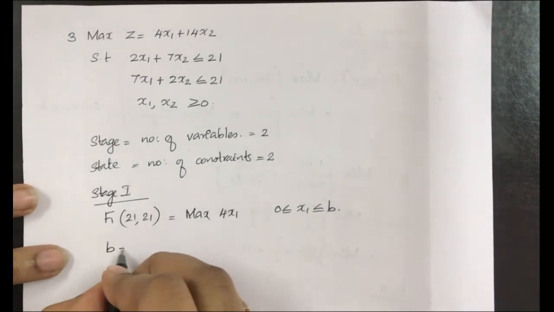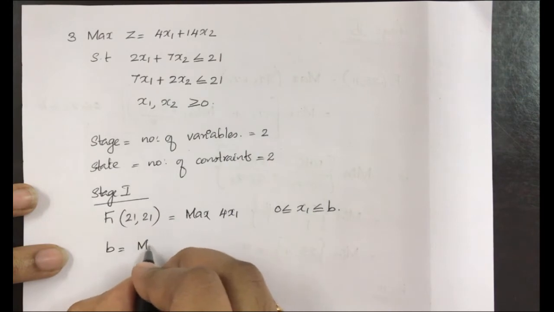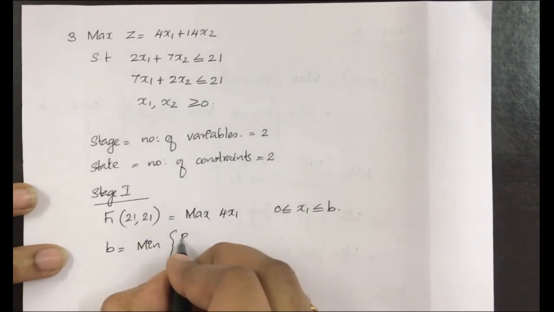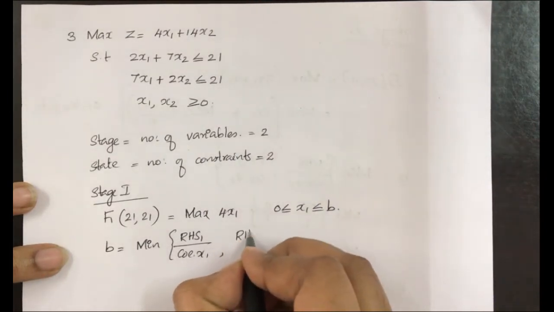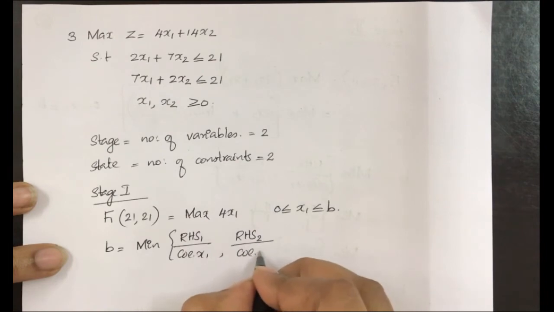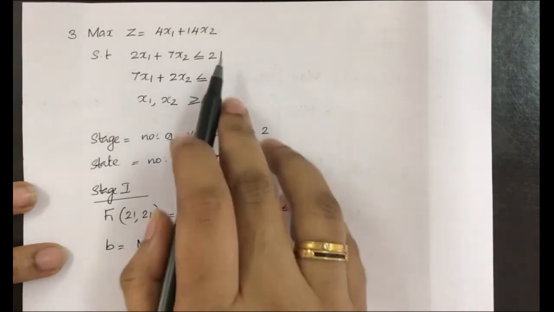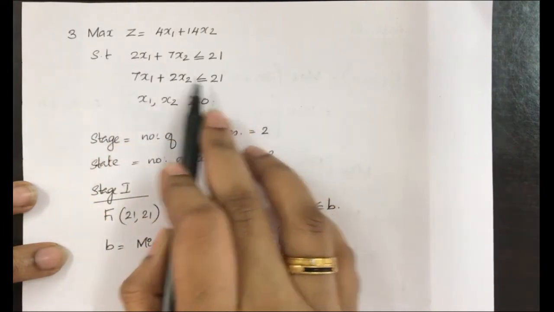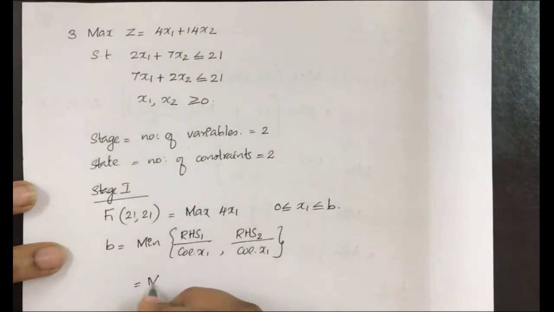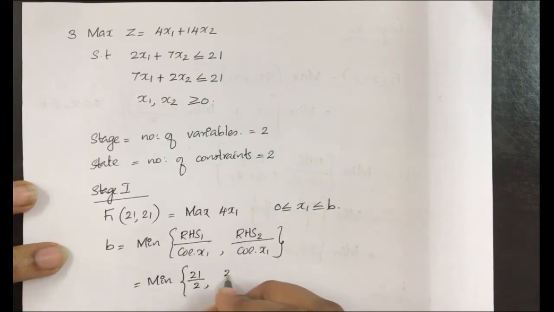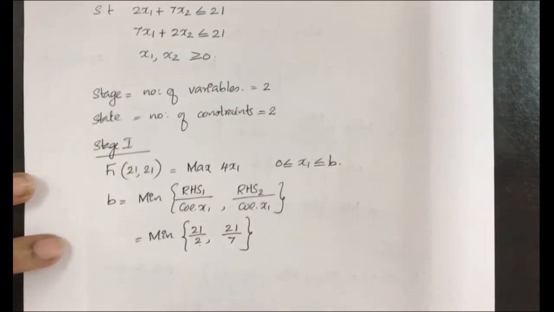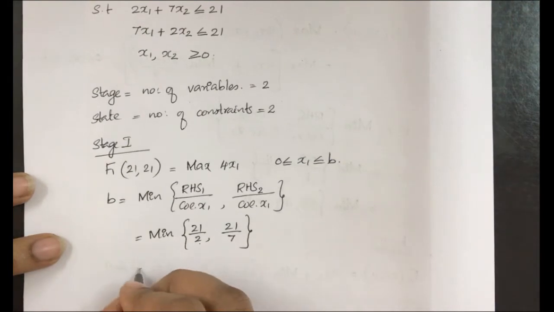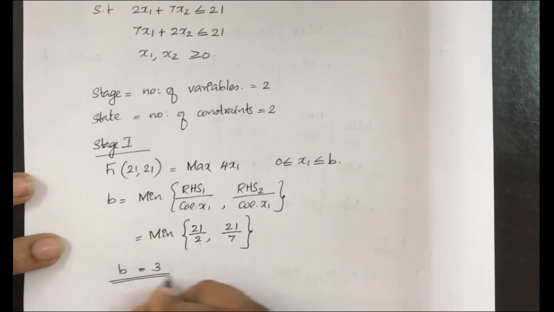For that we need to find the value of b. b equal to minimum of RHS1 divided by coefficient of x1 comma RHS2 divided by coefficient of x1. What is RHS1? 21 divided by 2 comma 21 divided by 7. Which is the minimum value? 21 by 2 is 10.5, 21 by 7 is 3. The minimum value is 3, that is b equal to 3.